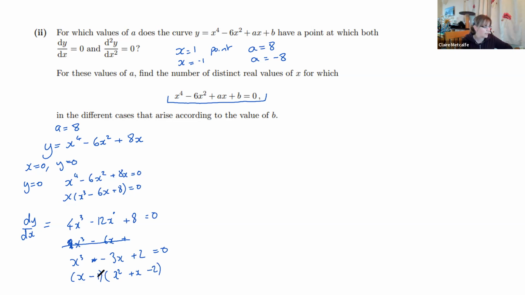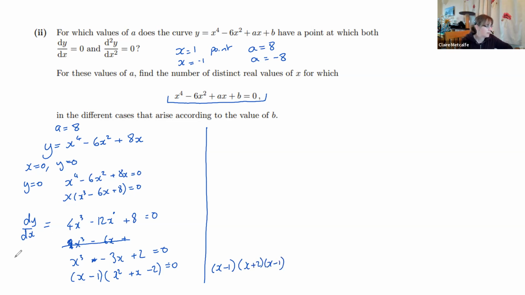And just to check the x term, minus 1 times x minus 2 times x gives me minus 3x. So I'm pretty sure I've factorized that correctly. And then if I try and factorize this bracket as well, I'm going to get x minus 1. This is the same as x plus 2, x minus 1.